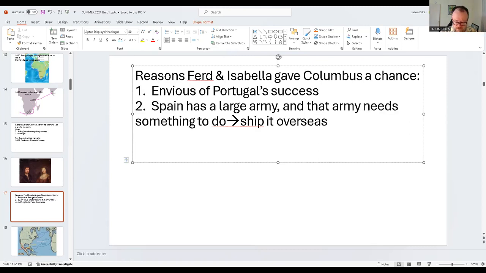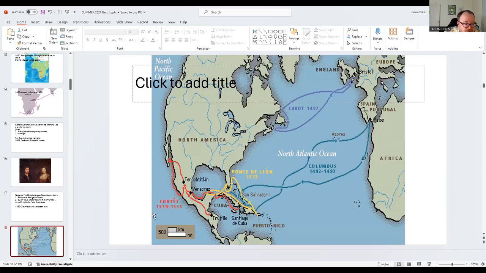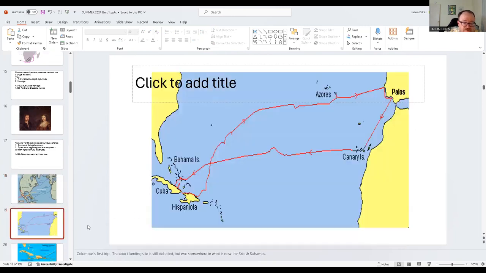So 1492, Columbus sails the ocean blue. And in October, Columbus does reach land. Okay, leaving here, catching the trade winds across the Canaries.